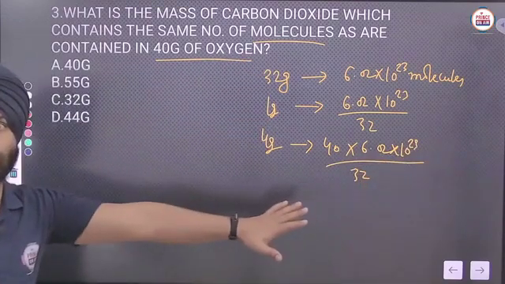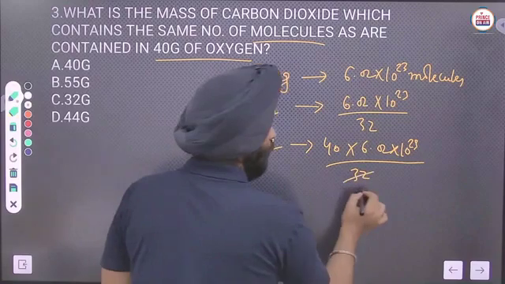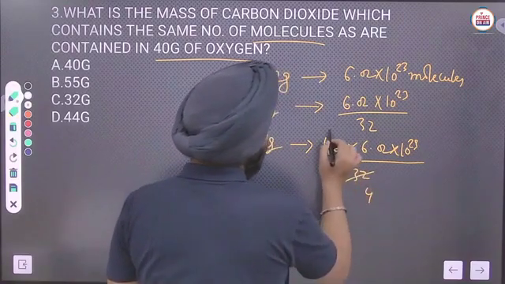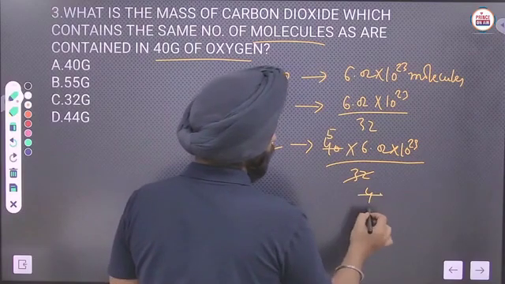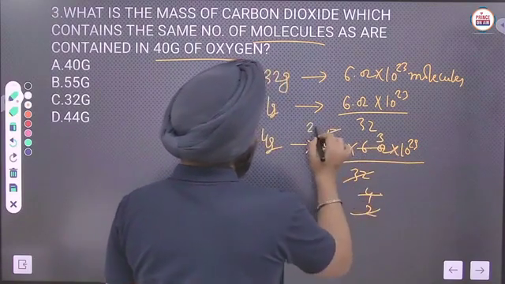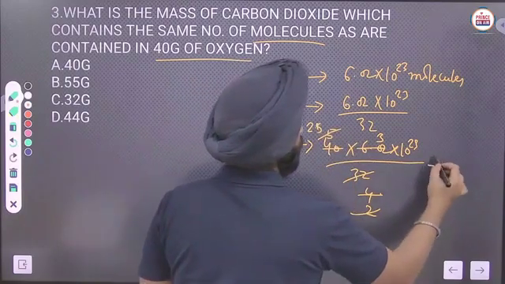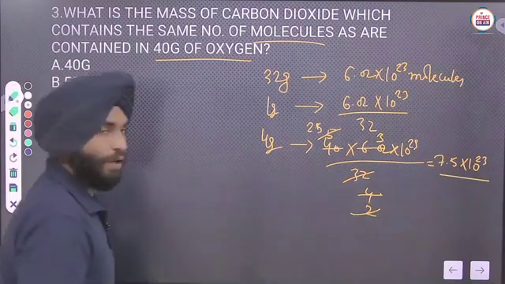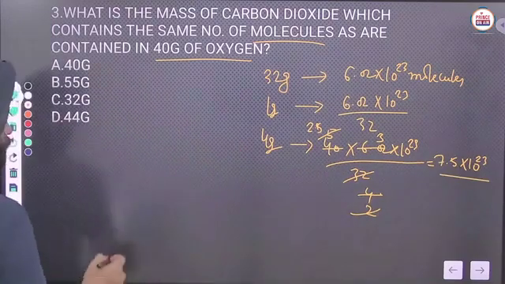That you know very well. On the table of 8 we will get 4, 5, so it comes out to be 7.5 into 10 raised power 23. Clear? Now we got the number of molecules here.